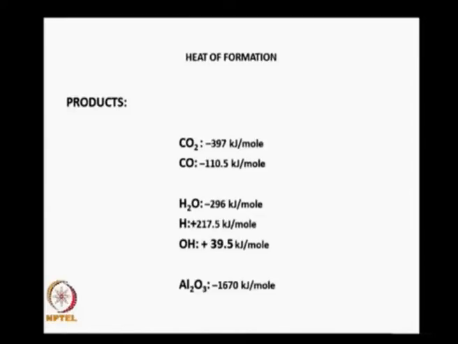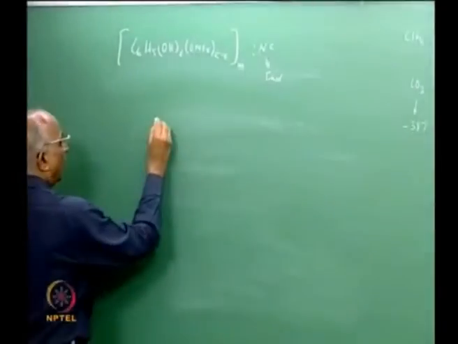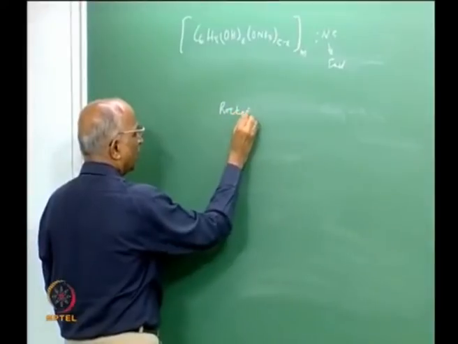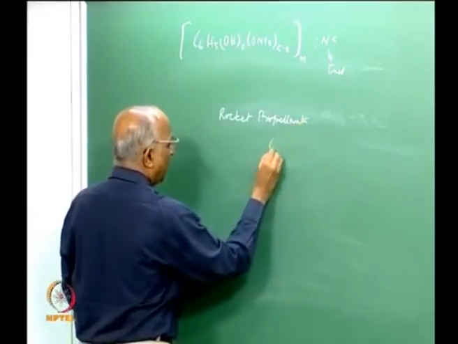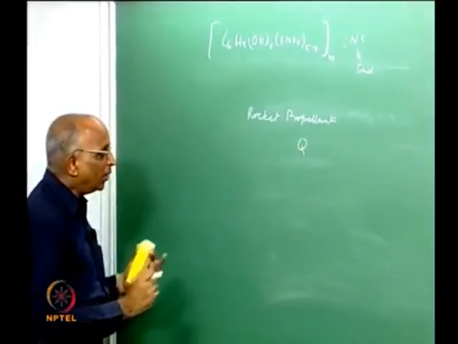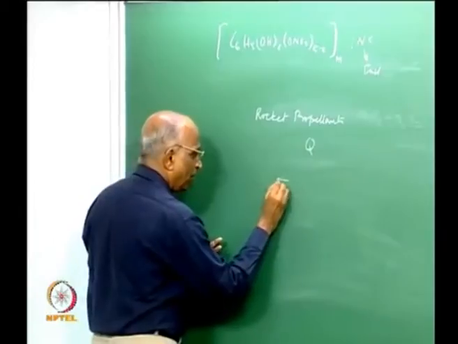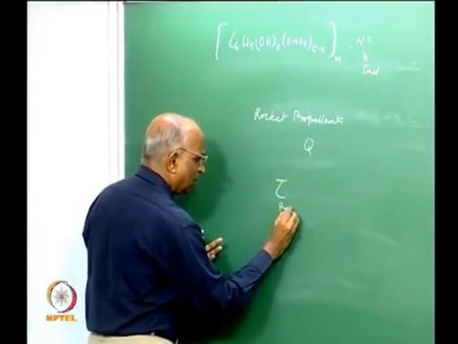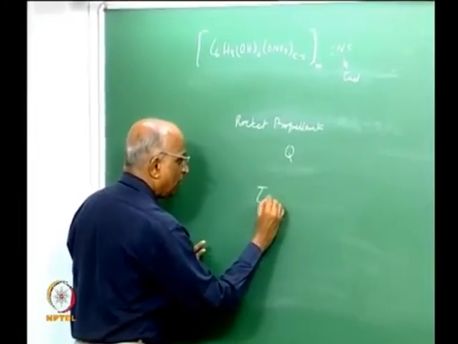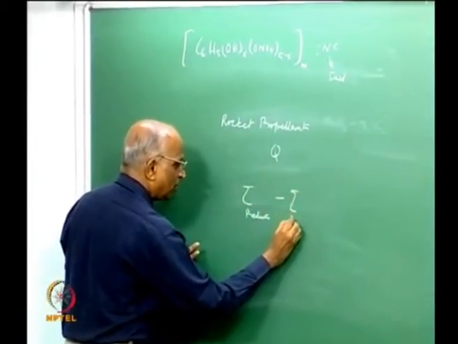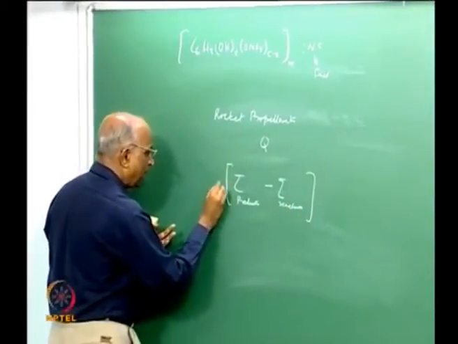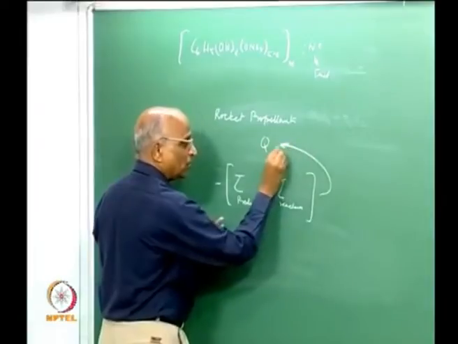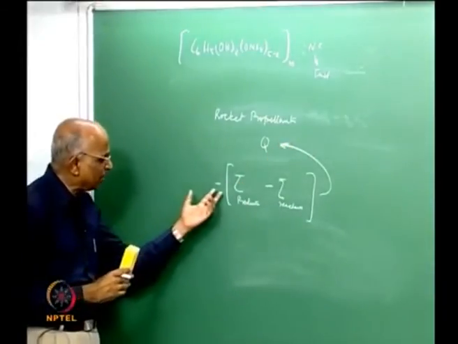Now why are we interested in this? We would like to have rocket propellants, chemical propellants, which will give as much Q as possible. And to be able to get a high value of Q, we just now told ourselves, the net heat of formation of the products minus the net heat of formation of the reactants is what gives me the value of Q. Therefore, what do I see from this?